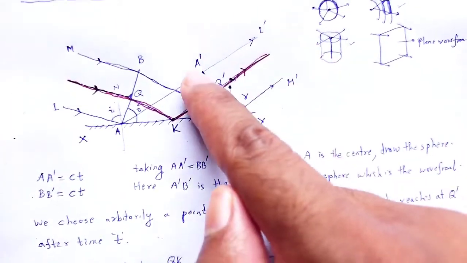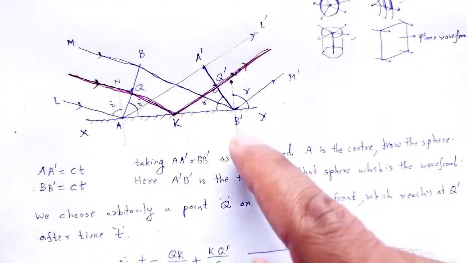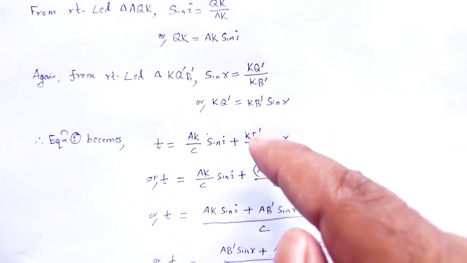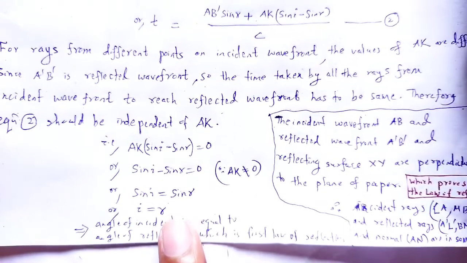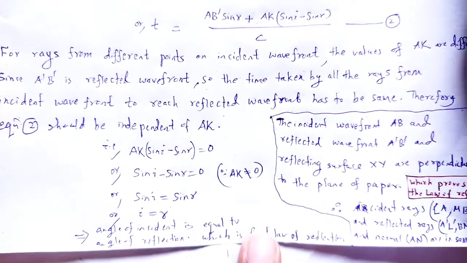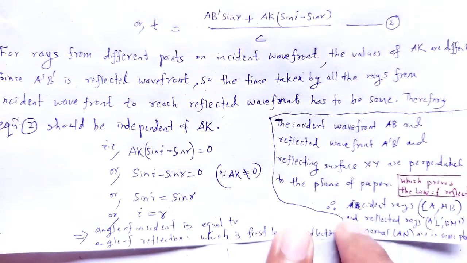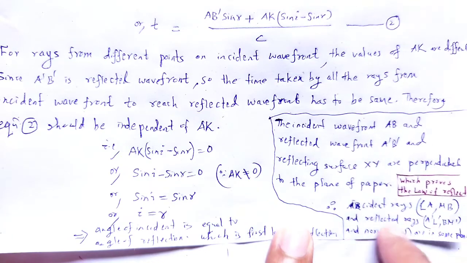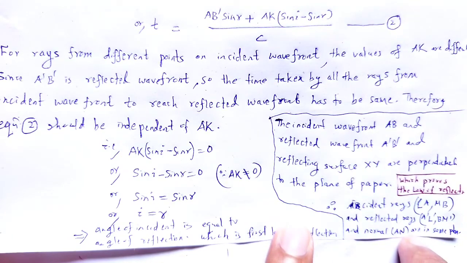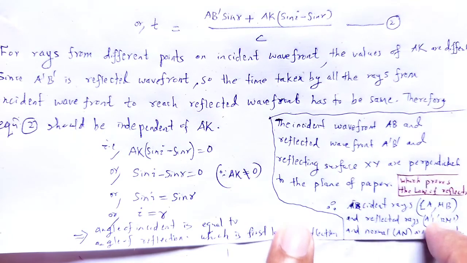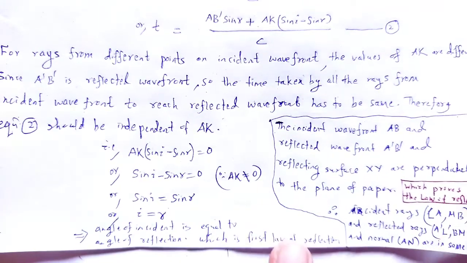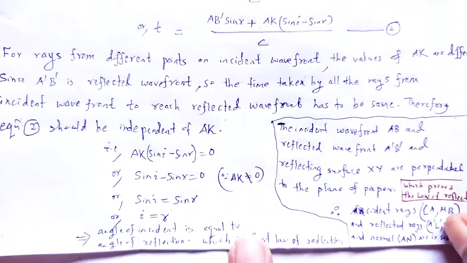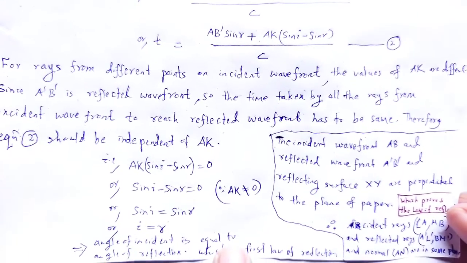These are the reflected rays A'L' and B'M'. This is the first law, angle of incidence is equal to angle of reflection. Next, second law, the incident ray, reflected ray and normal are in the same plane, which proves the second law of reflection. In this way, two laws of reflection are proved by using Huygens theory.